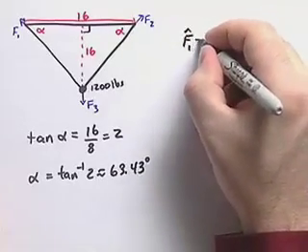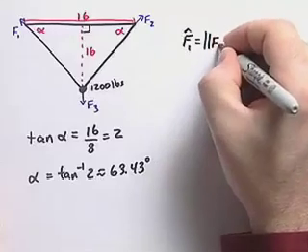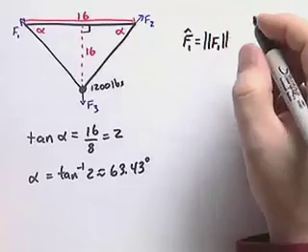Now that we've determined the angle alpha, we can go ahead and write down our force vectors broken into their horizontal and vertical components.